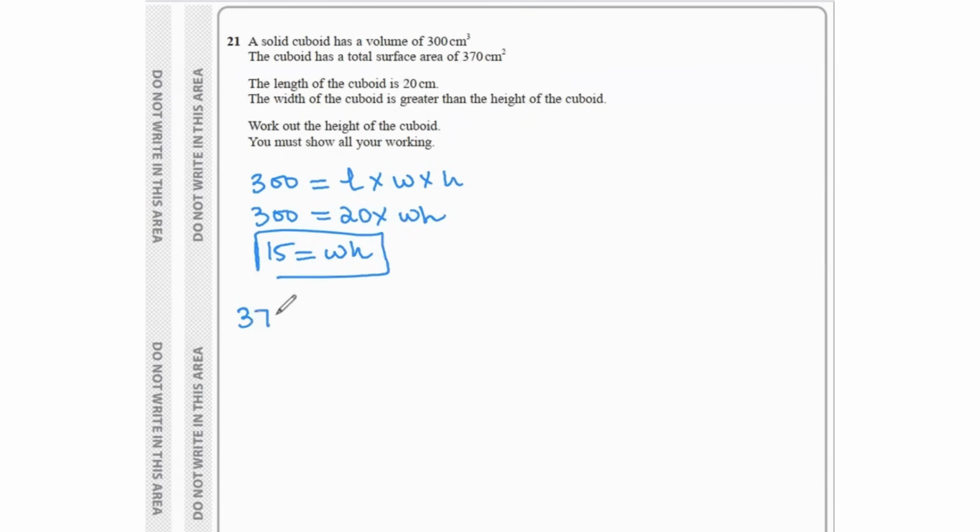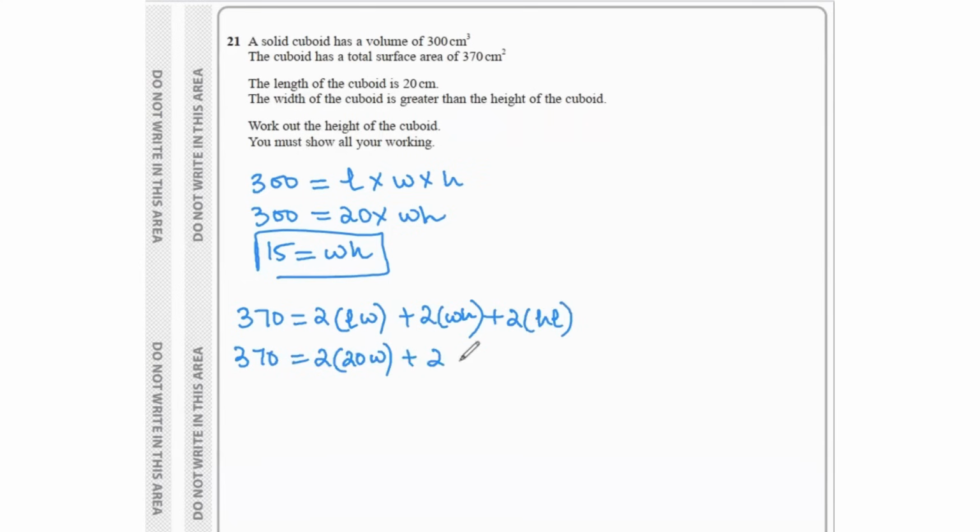So 370 equals 2 times length and width plus 2 times width and height plus 2 times height and length. So the length is 20. So 370 equals 2 times 20w plus 2 times 15, because width times height is given as 15, and 2 times 20 height.